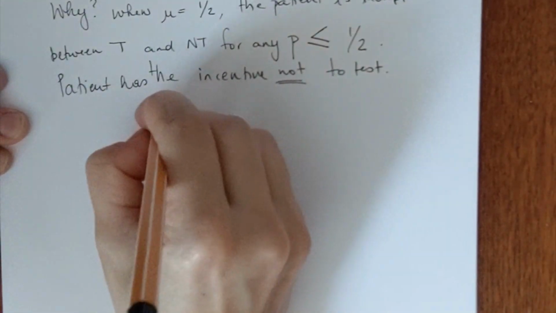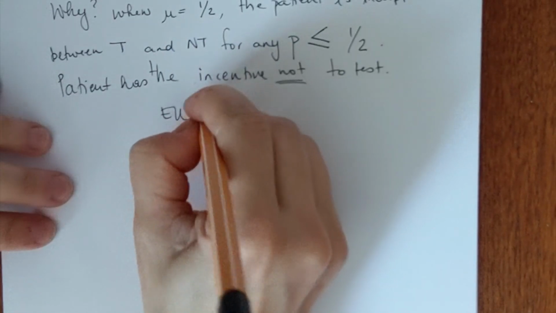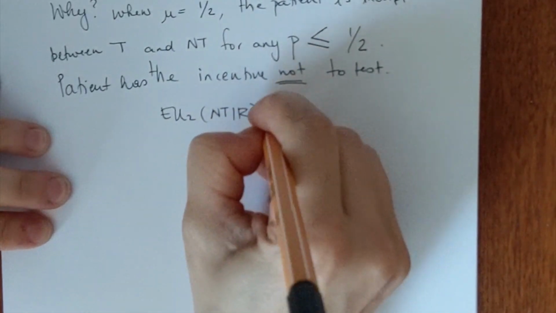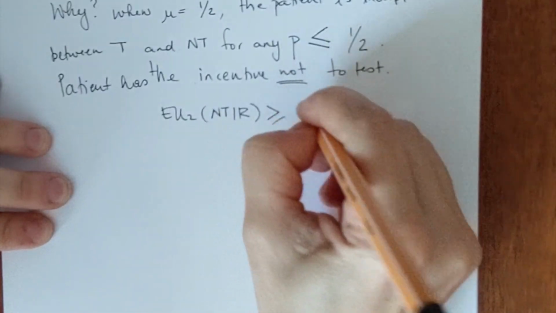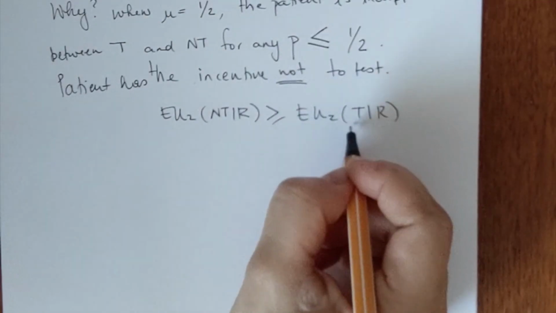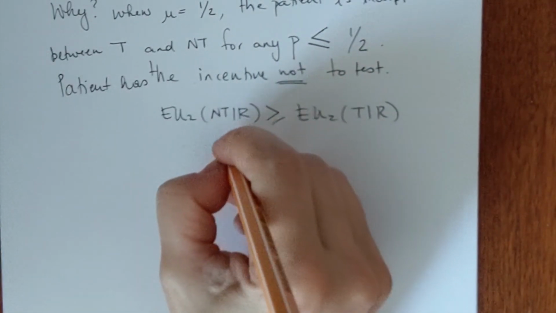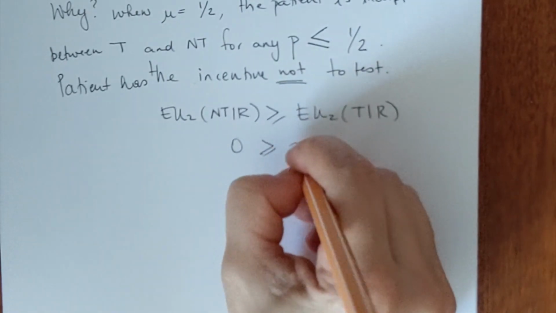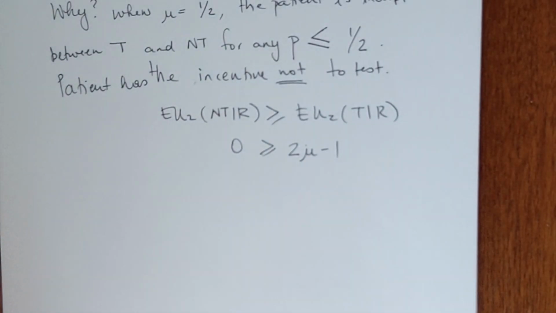In other words, the expected utility, just to put this in terms that we've seen before, for not testing is greater than or equal to the expected utility for testing. And we found that that was true in the case for our threshold mu of this expression. So the patient chooses not to test, which means the doctor's recommendation is not followed.